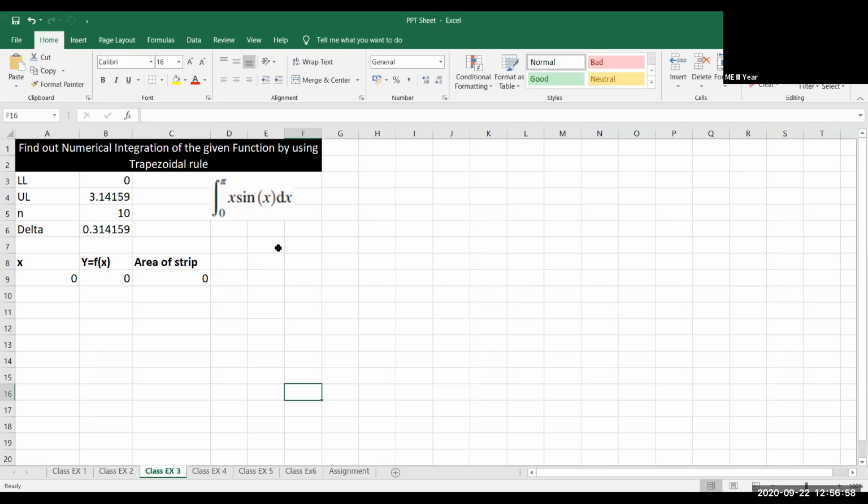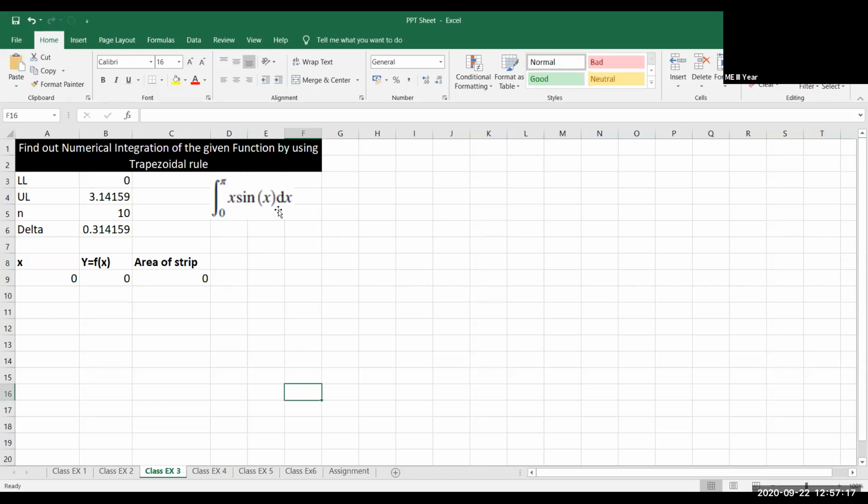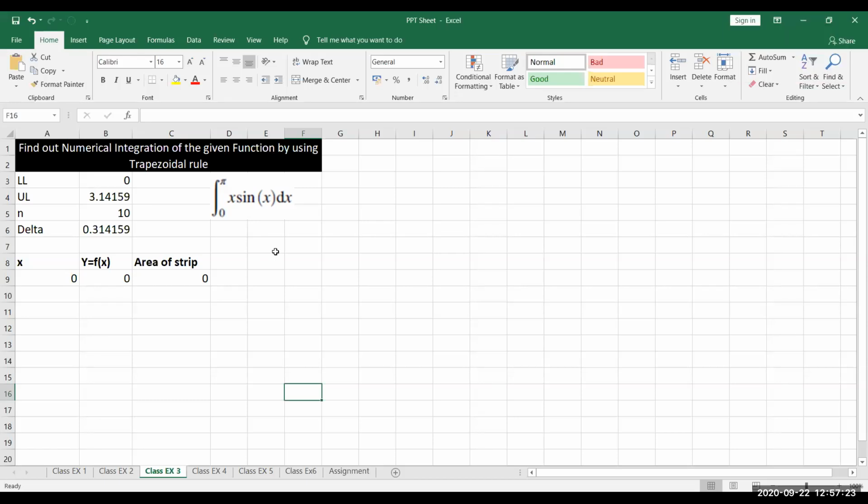X sin x. Yes, x sin x is our function. And what is the limit here? 0 to pi. Lower limit is 0 and pi is the upper limit.